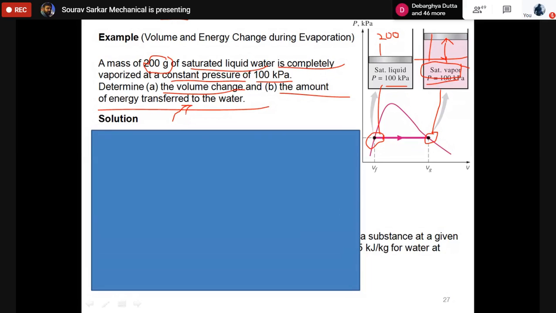So if it is a constant volume process, it will be the difference of internal energy, U. I made a mistake, sorry. If it is the difference of internal energy, that means the process is constant volume. And if the process is constant pressure, it will be the difference of enthalpies.